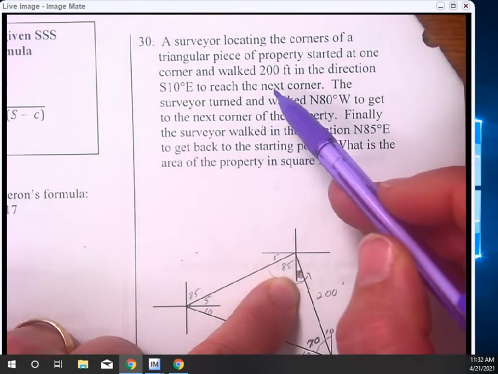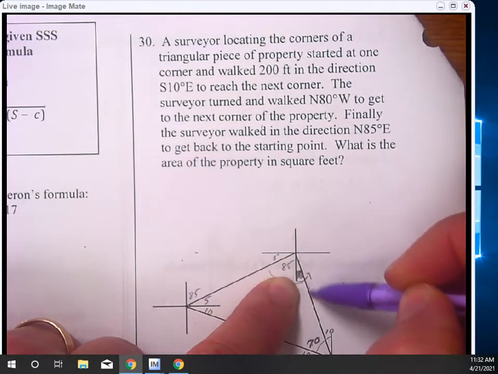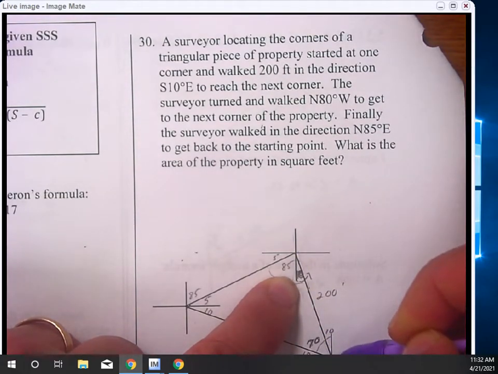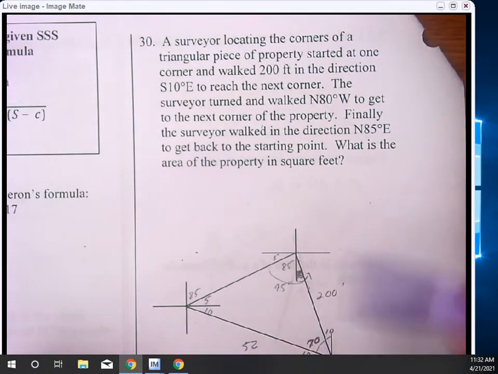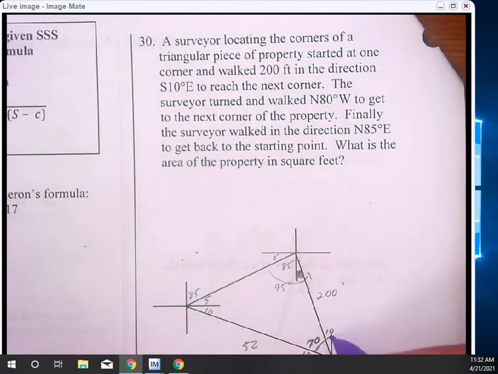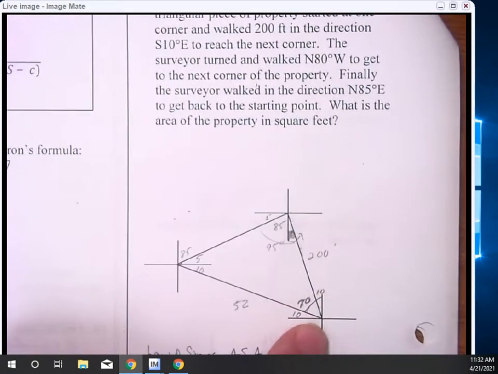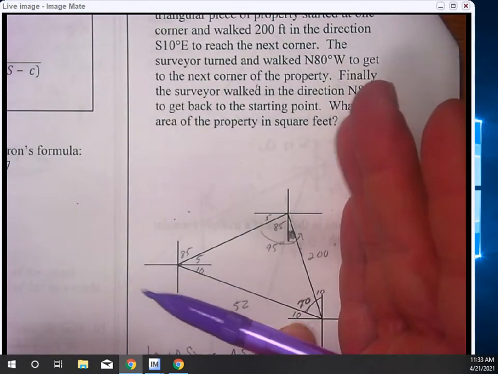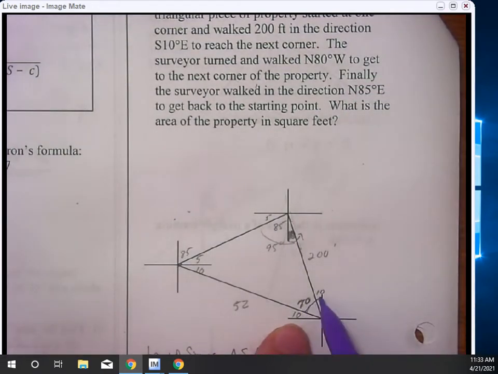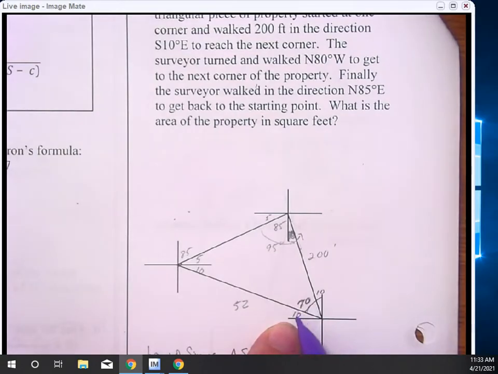And the surveyor walked for 200 feet along this line. They turned and walked north 80 degrees. This entire angle from north is 80 degrees. From north to west is 90 degrees. If I subtract 80 from 90, then this little piece is 10.